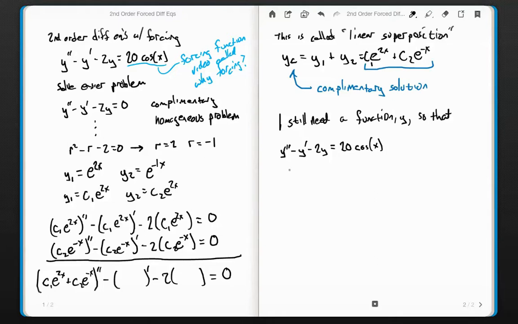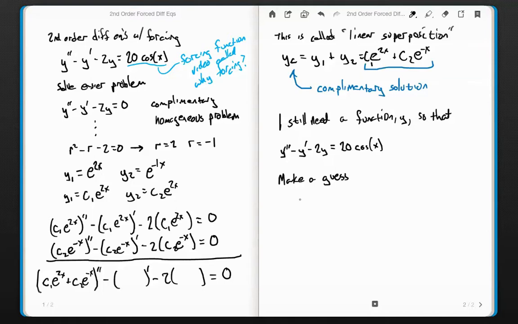All right, well, let's make a guess. My guess is that since I need to take derivatives, a second derivative, a first derivative, and then the function itself, and this all has to add up to be a cosine. Well, how do I get that? It's got to have some sines, it's got to have some cosines, probably.